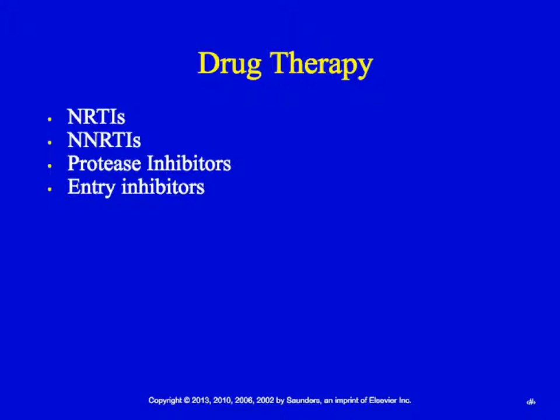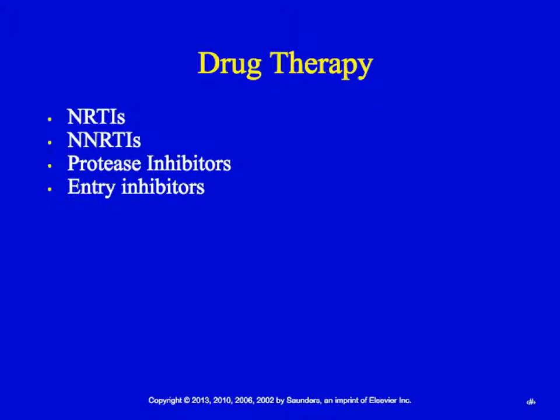It does not kill the virus. It's just very important for them to understand that. It will not get rid of the virus. It is inhibiting the virus from replicating, but they will still have it in their body. Once it's in there, they still have it. These drugs are just meant to control and to inhibit the replication of it.